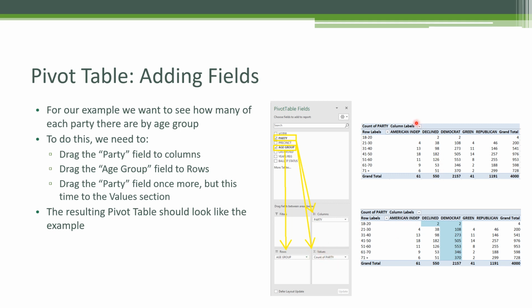So this over here on the right will be the resulting pivot table, and then down here I've used some conditional formatting, which I will go over later, in order to show the highest count per each age group.